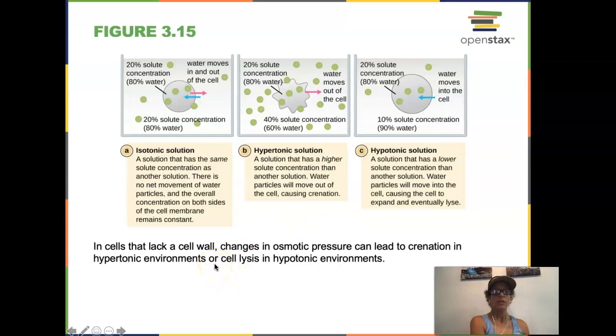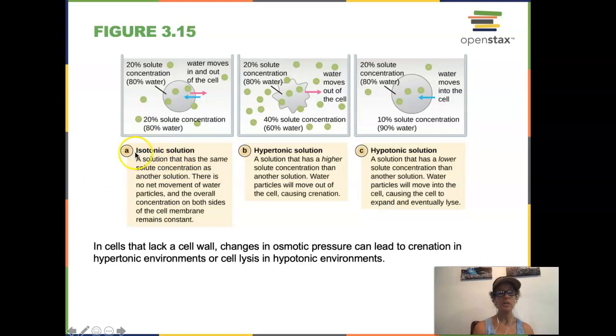When we look at how cells survive in their environment, the tonicity, T-O-N-I-C-I-T-Y, of the solution can matter. We can have an isotonic solution. Tonic refers to the relative proportion of particles in a solution surrounding the cell versus the interior of the cell.